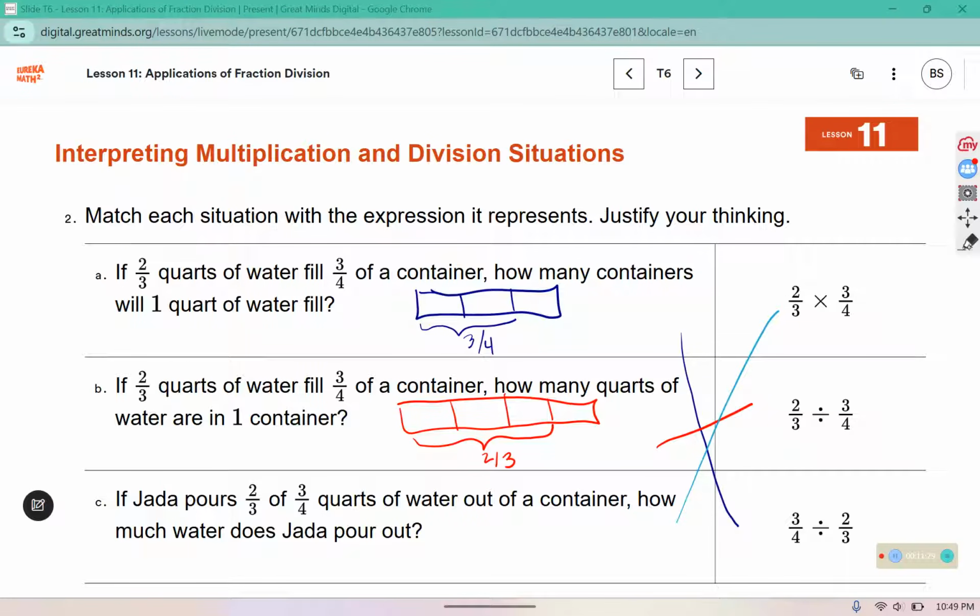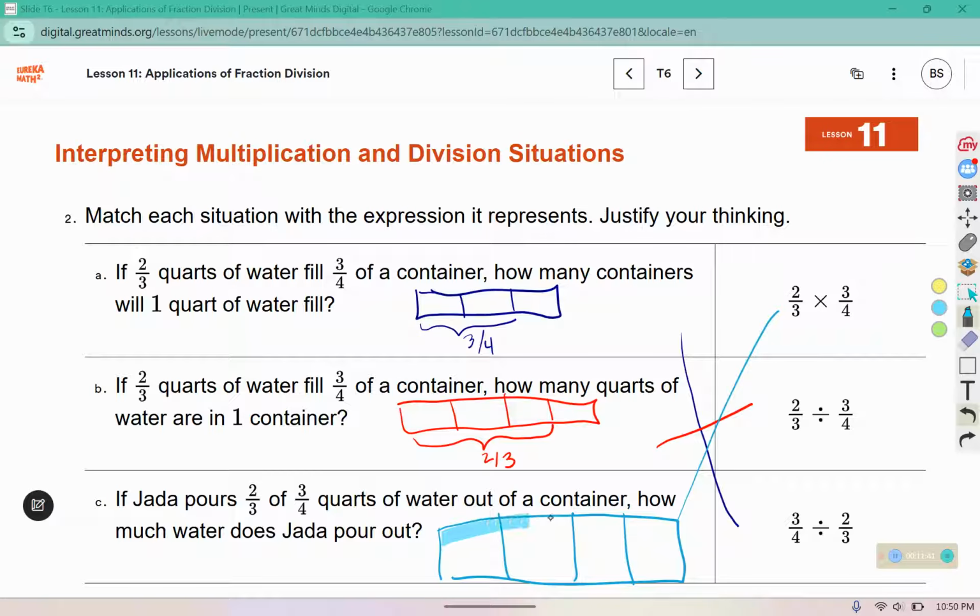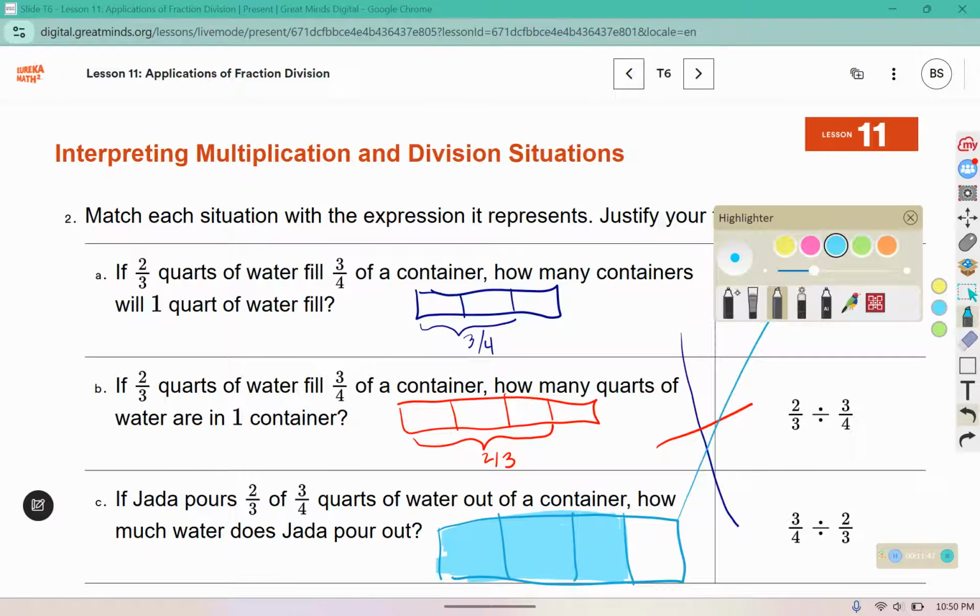Here we would draw 3/4, and then we would split them up into thirds going the other direction.